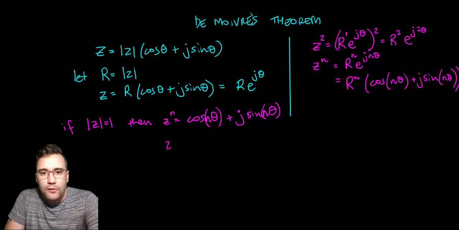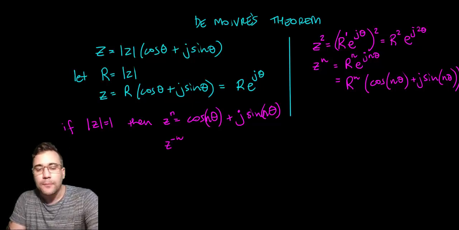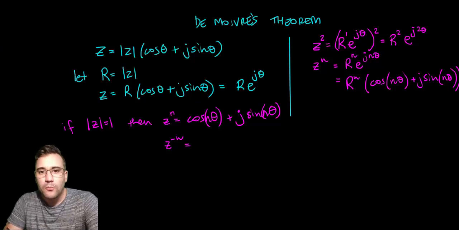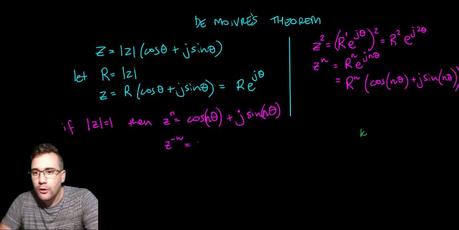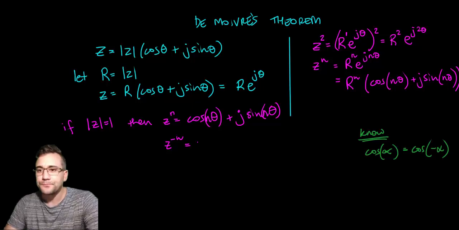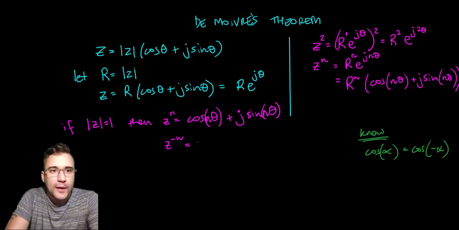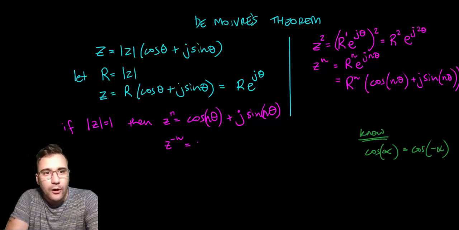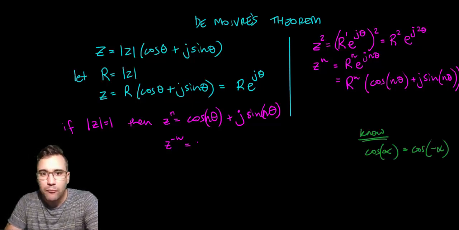Now, what happens if we have z to the negative n? What's this going to be equal to? Well, know that cosine of alpha is equal to cosine of negative alpha. I will not explain why that is true, however, hopefully, if you've done a bit of trig before, you will know that that is true and you will believe me.